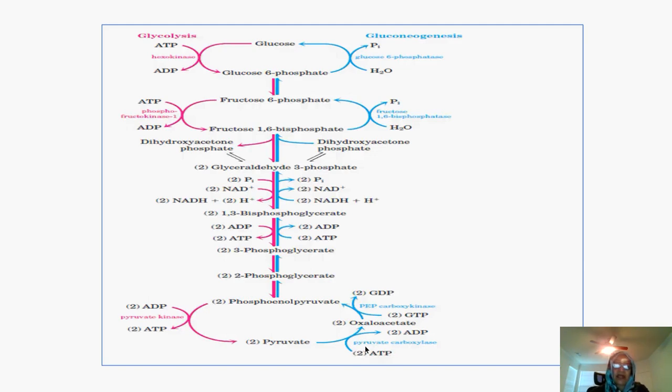In the mitochondria, we have an enzyme called pyruvate carboxylase. So what does it do? It will add a carbon to pyruvate. Pyruvate has 3 carbons. Oxaloacetate has 4 carbons. This step and this enzyme require ATP, requires energy.